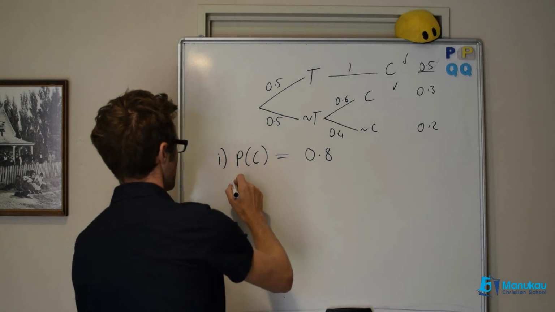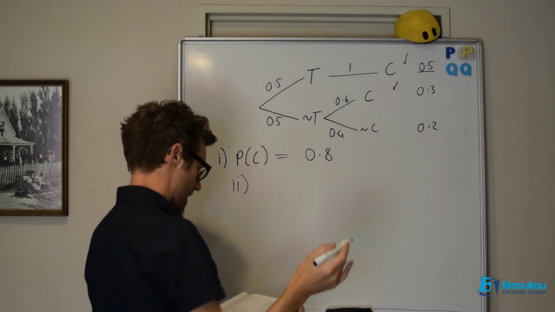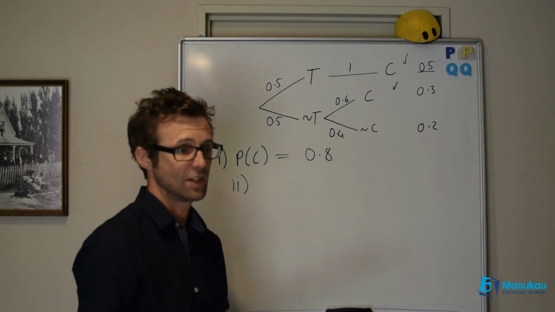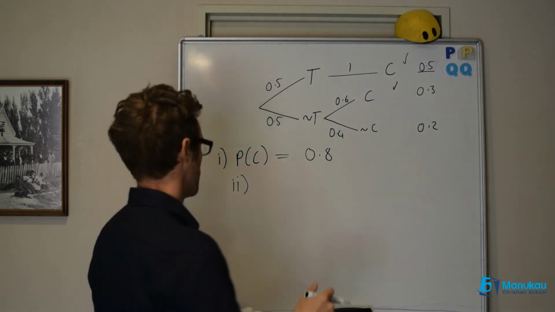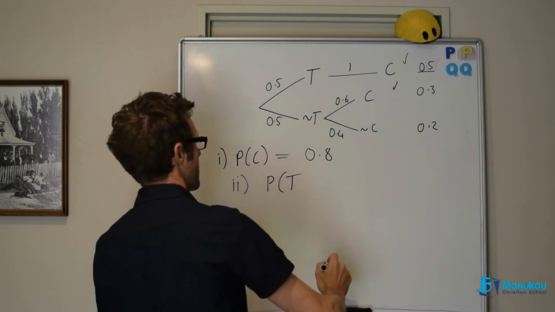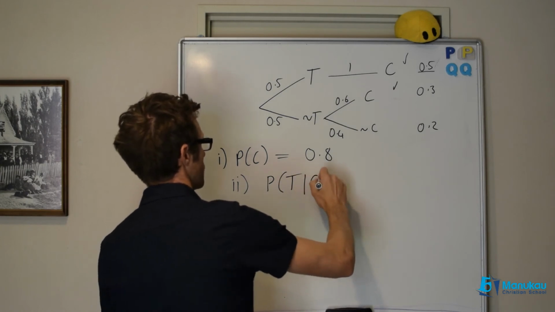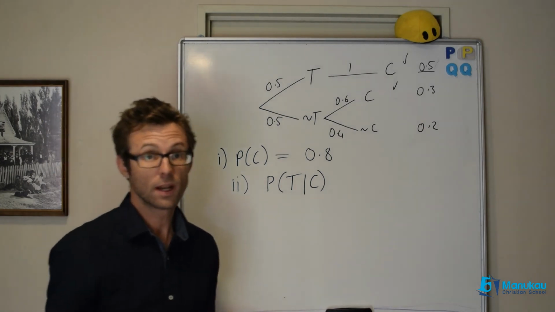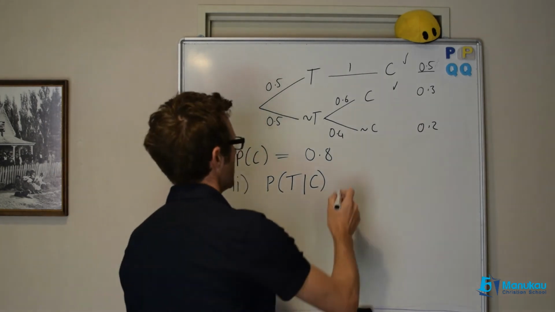The second part to the question is to find the conditional probability that Jamie attended the training session given he was chosen. So, the probability that he attended the training given that he was chosen. Now we're going to need our formula that we've hopefully learnt off by heart by now.